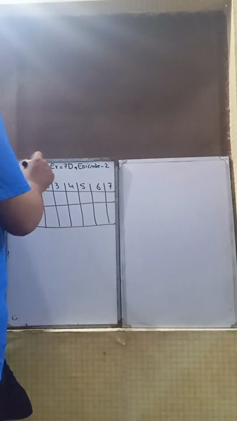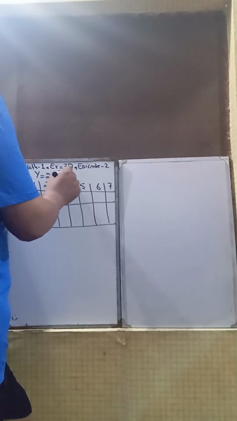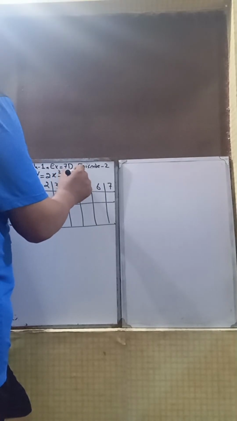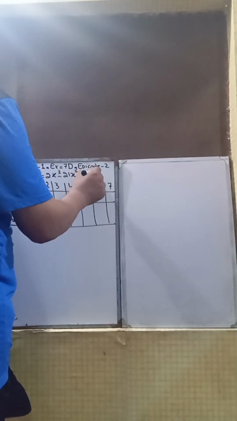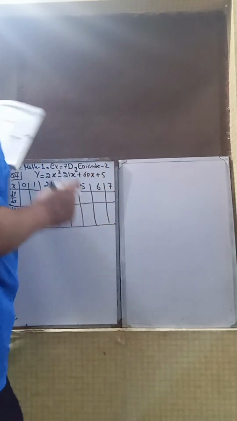Here the equation is given that y is equal to 2x cube minus 21x square plus 60x plus 5. He says a curve has the equation y equals 2x cube minus 21x square plus 60x plus 5.